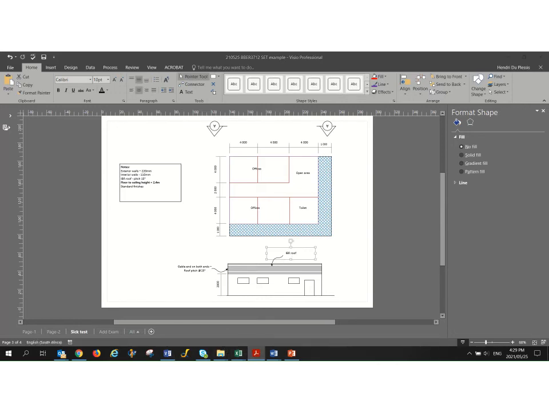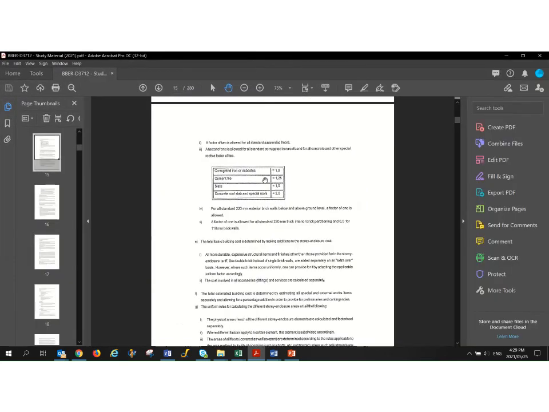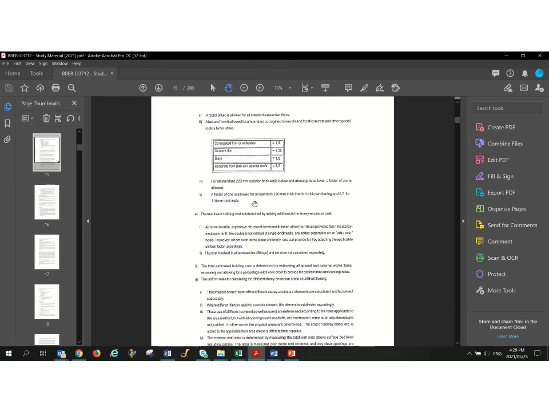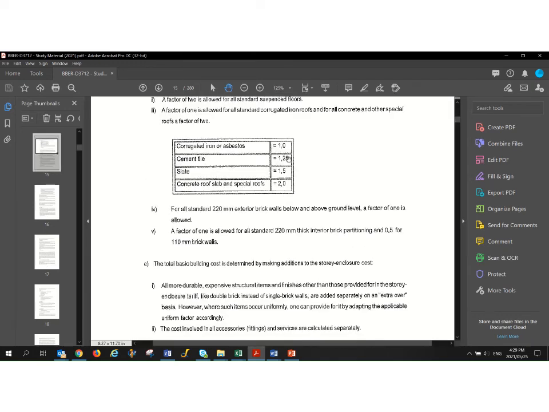If you go to your study notes, the standard factors for your roofs are on page 12, and you will see cement tiles is 1.25 and our corrugated iron or asbestos roofs are 1, so I used the corrugated one for the IBR roof.